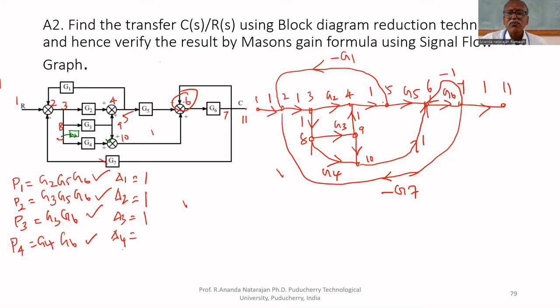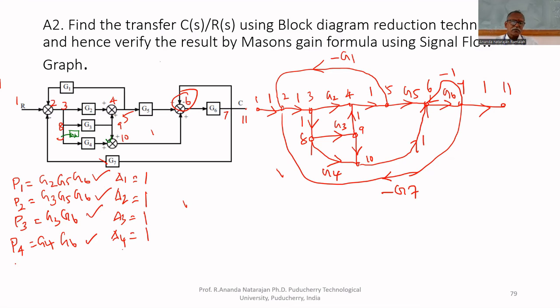At 9 and 5, it has a loop. G2, G1 loop is there. But it is touching at 2. The forward path is 1, 2, 3, 8, 10, 6, 7, 11. For that, you got G4, G6. That is also no loop. That's why that is also 1.